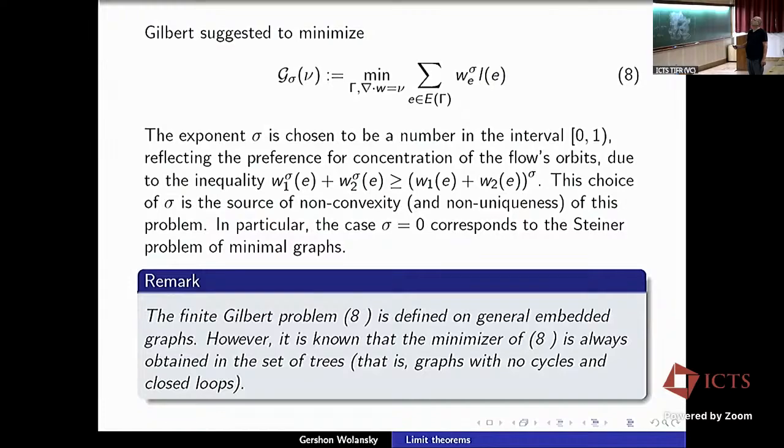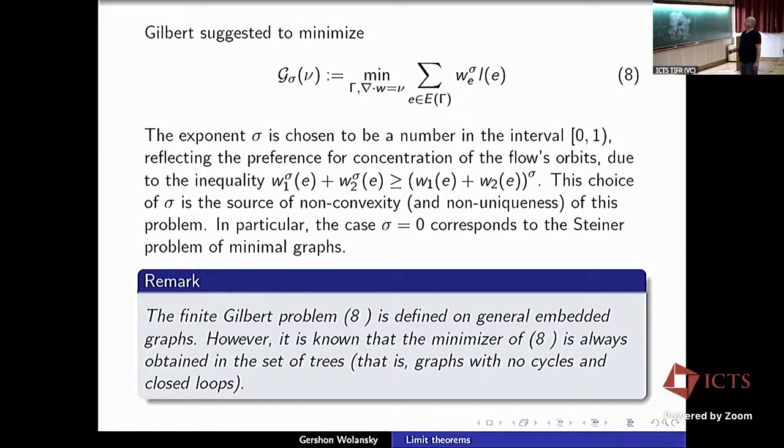L of E is the length of the edge E, and W_e to the power sigma is the flux that goes through this segment to the power sigma, where sigma is a number between 0 and 1. So what is the idea here? This is sublinear.